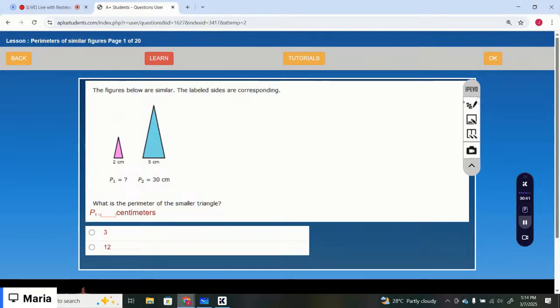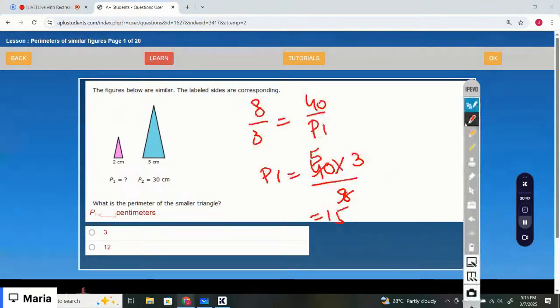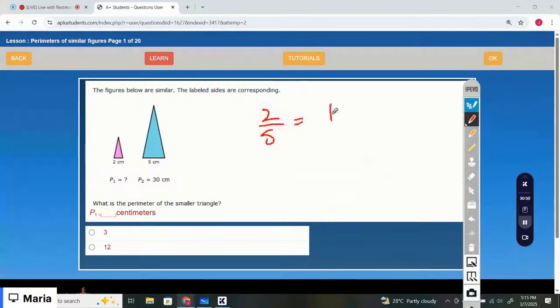So let's just make a proportion between the similar sides, that is 2 over 5, and then equate it with the perimeters P1 divided by 30.